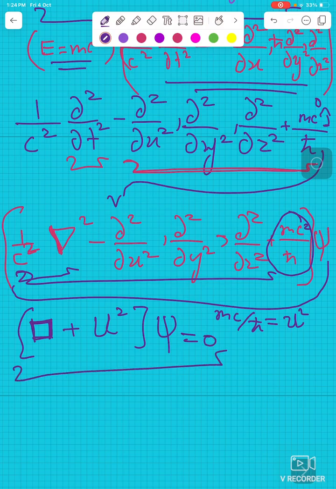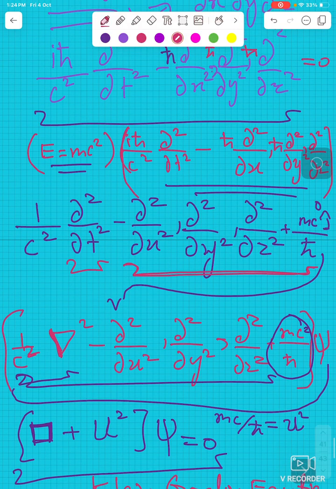And here we have our Klein-Gordon equation.